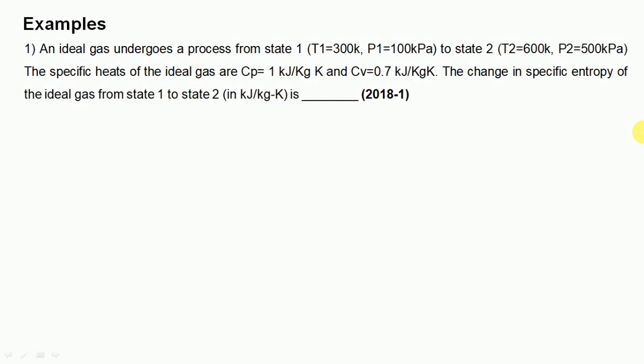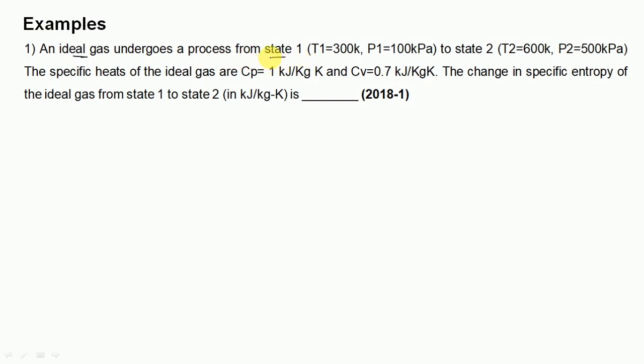Now let's start with the example. Here the first example is GATE 2018 session 1. So here is the example of ideal gas. In the example, an ideal gas undergoes a process.